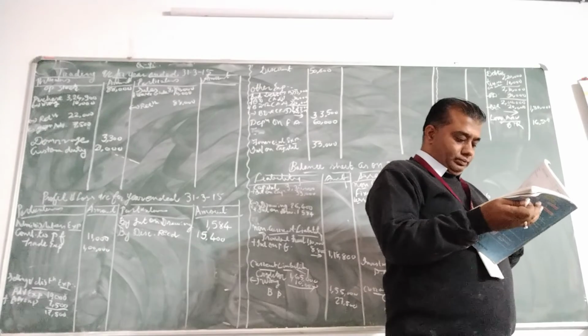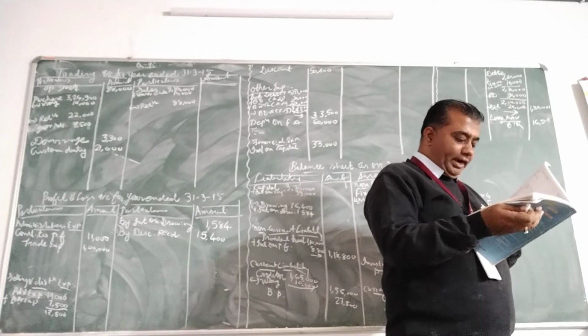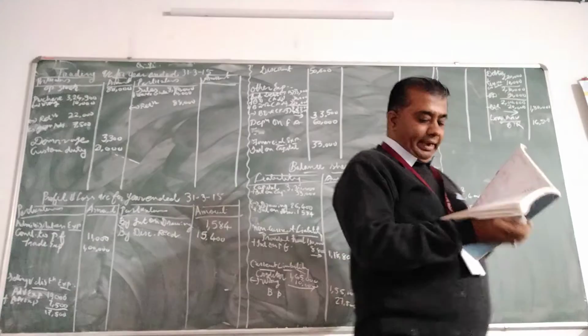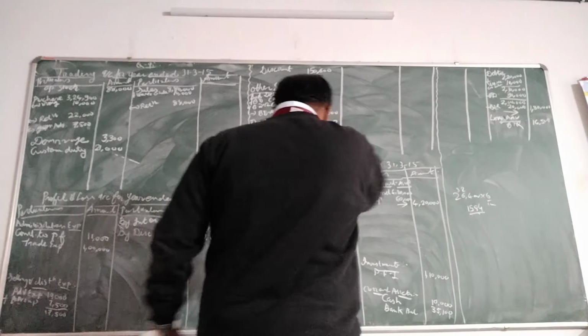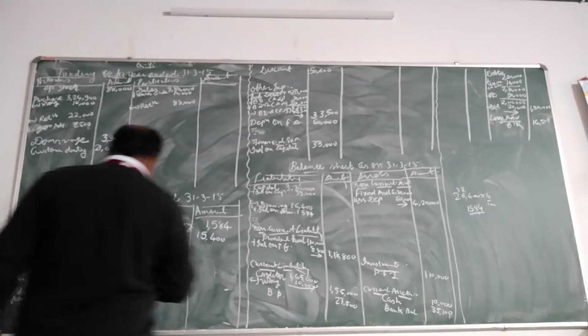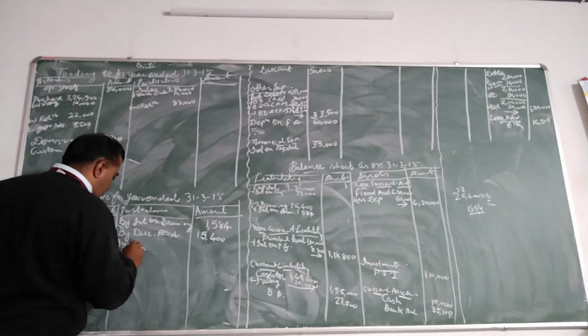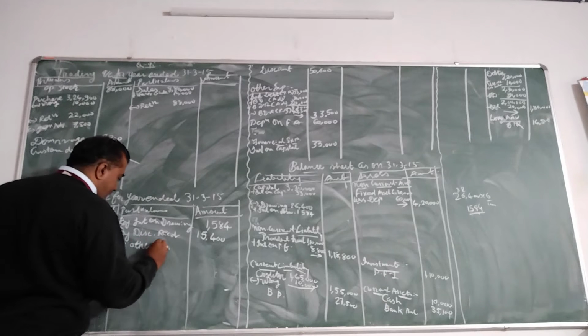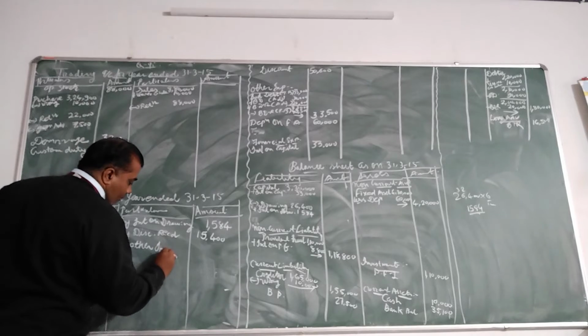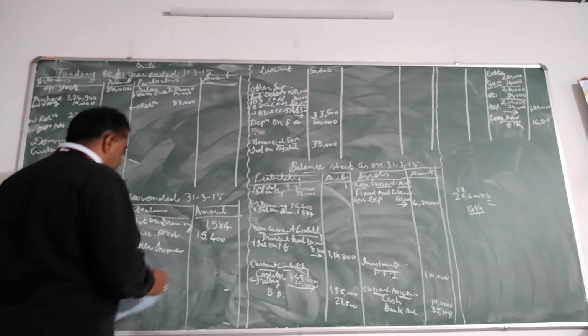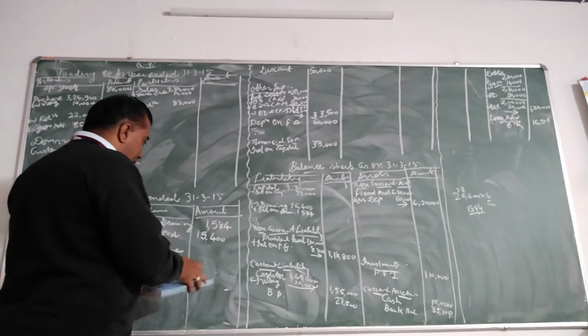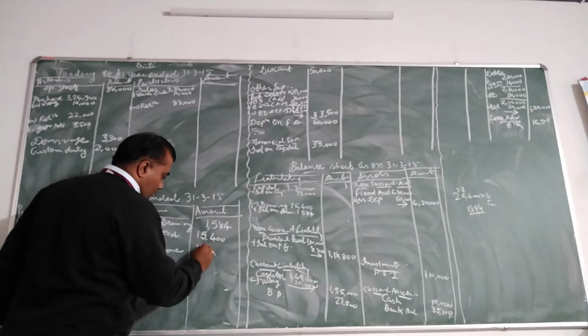Okay. Then advertisement expense we have already recorded. Then other income 19,600. Other income goes on the profit and loss account credit side, because it is income. Other income is 19,600.